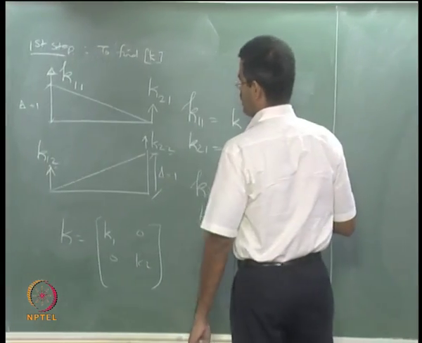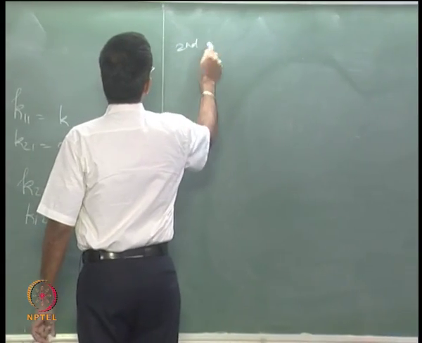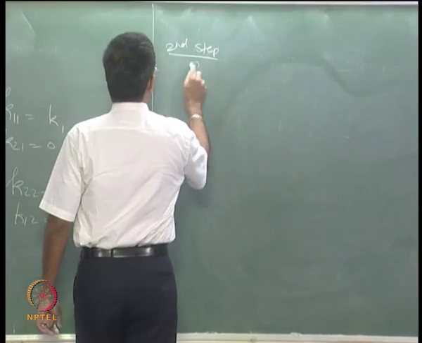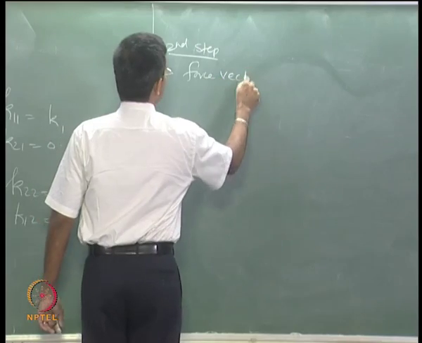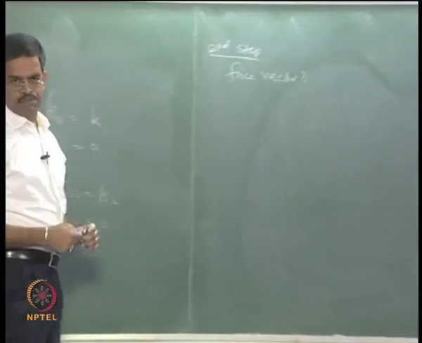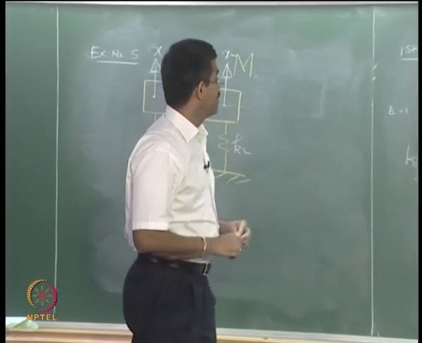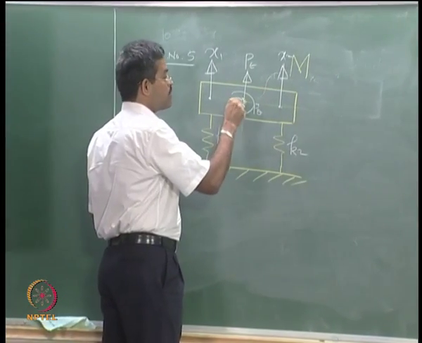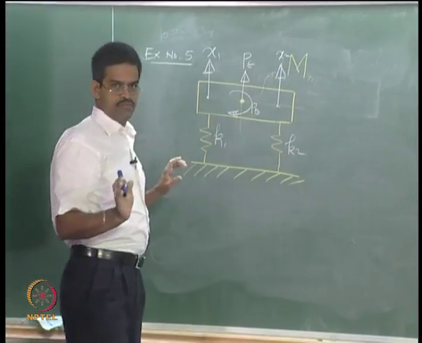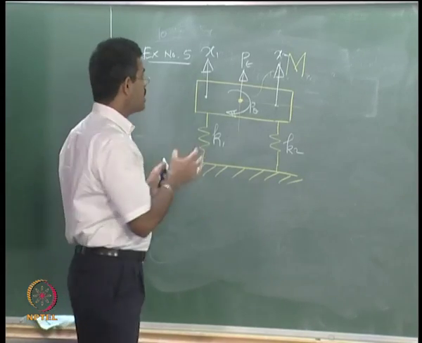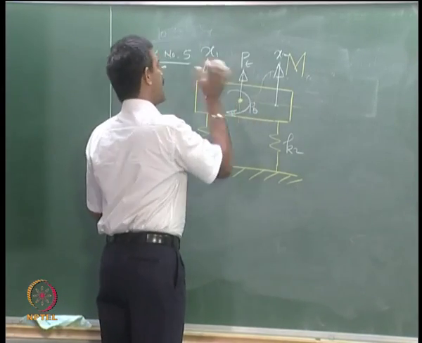So I want to now derive the force vector. Now one may wonder, why am I deriving the force vector? Remember very carefully here, I am applying forces at the point where the displacements are not measured. So I want to find the equivalent force of these components at x1 and x2.